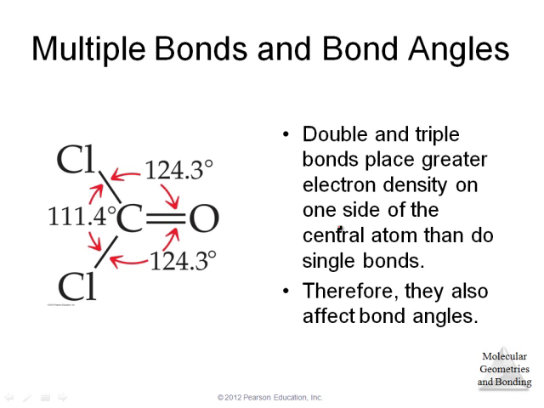So those 4 will take up more space and push the other 2 single bonds. You can imagine if this oxygen side has more electrons in there, they are going to push the other 2 bonds against it. So those 2 will come together and shrink. They become like 111 and they will get the extra space.